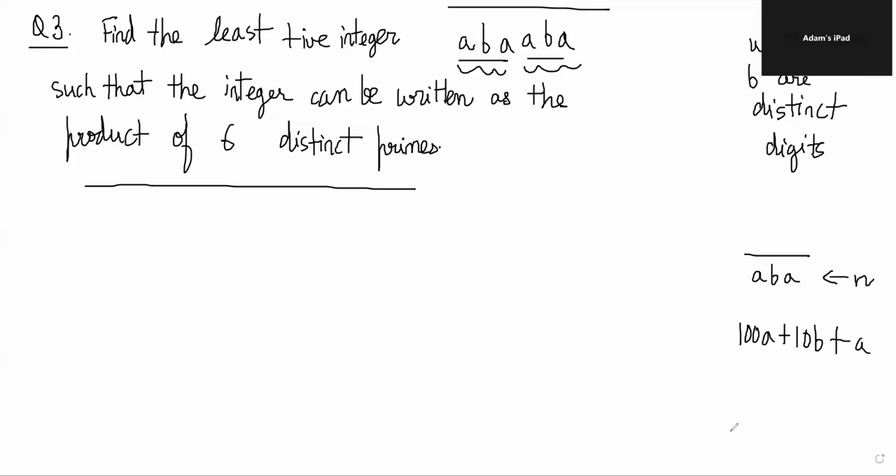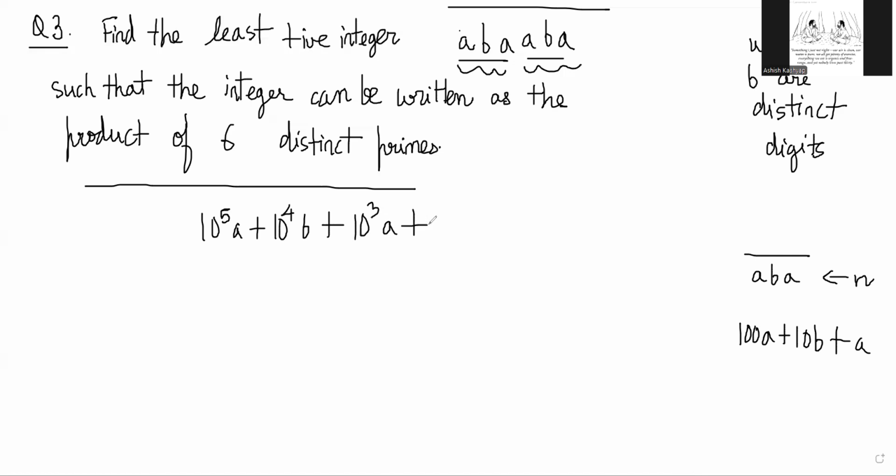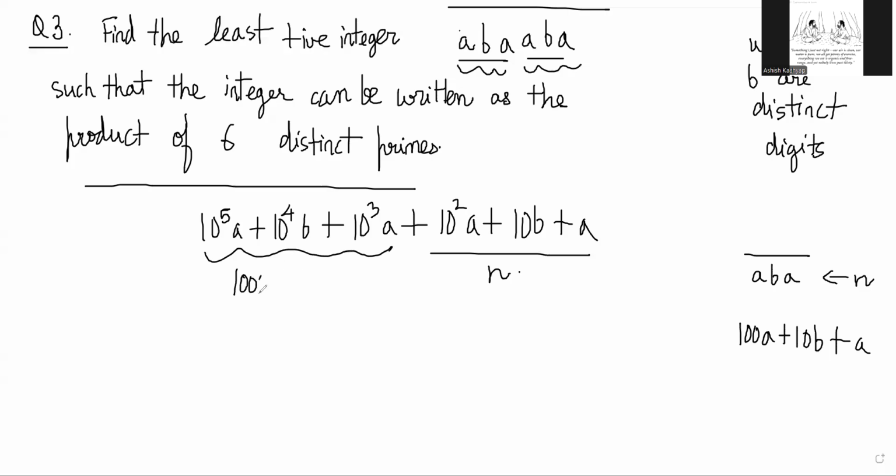So actually this number is 10 to the power 5A plus 10 to the power 4B plus 10 to the power 3A plus 10 to the power 2A plus 10B plus A. This is actually N, and this is 1000 times N, right? So the number that you need is actually 1001 N.